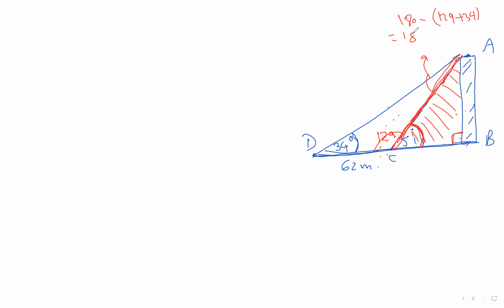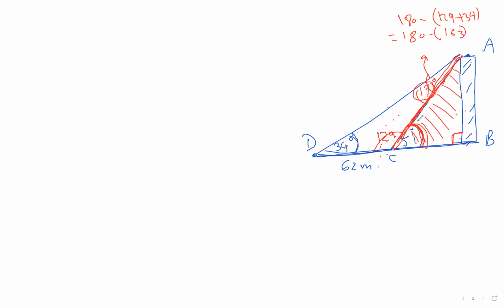It will be 180 minus 163. So this angle will be 17, I think. Okay, check the answer, please. Check the addition. Again, this angle is 51, so this angle is 129. Find the third angle by subtracting the sum of these two angles from 180 to get 17. Yes, equal 17. Okay, so this angle is 17.